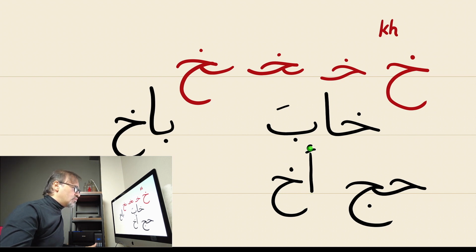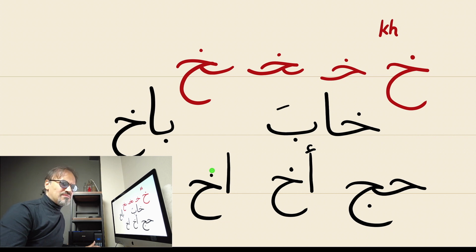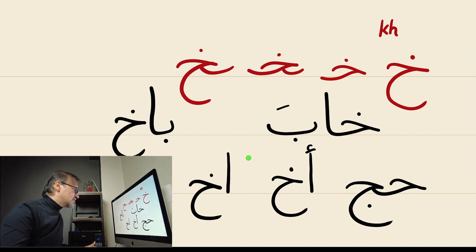Okay. What happens if I don't put this? It becomes ah. It's a long vowel, ah. And ah means it's like a complaint. It's like, oh, you're in pain. Ah, I'm in pain. So we have akh and ah.